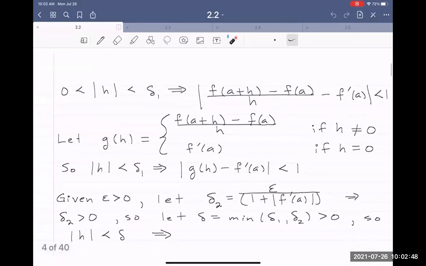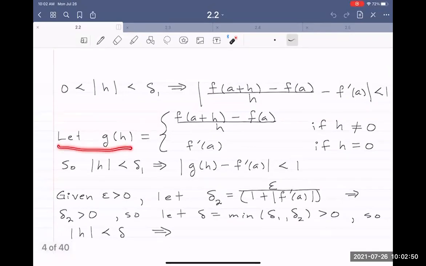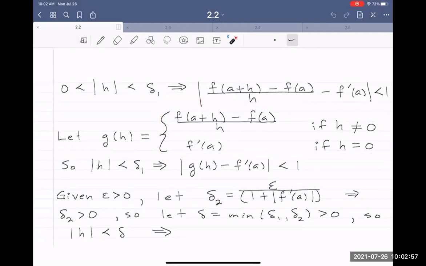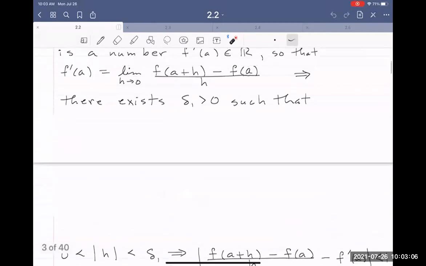Let g of h equal the difference quotient, so long as I'm not dividing by 0. And if h is equal to 0, then let it be the derivative. Let it be this limit.